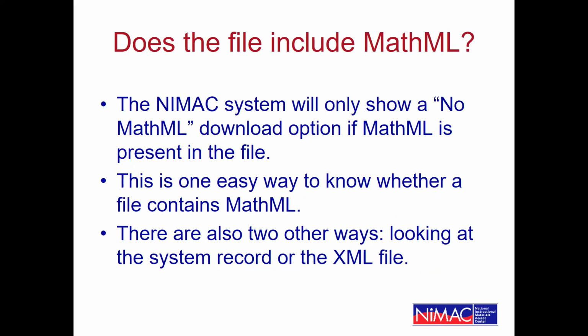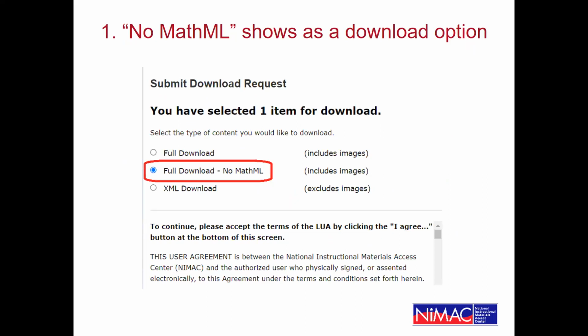So if you know that your software can't work with MathML, you just choose that no MathML download. There are also a couple of other ways that I'll let you know about. Here we have a screen snip showing the full download no MathML option. Again, that's where you're going to see it. If you don't see that, you don't have to worry about it.